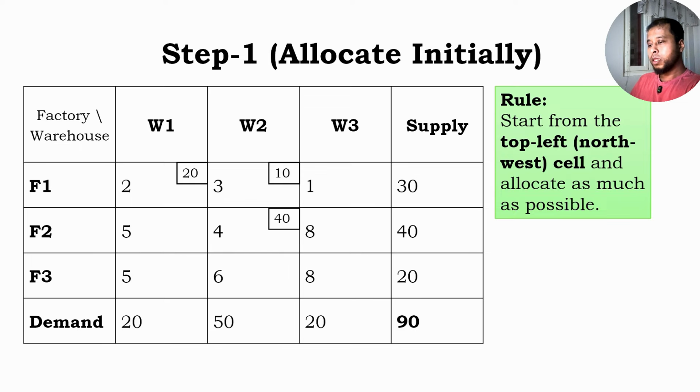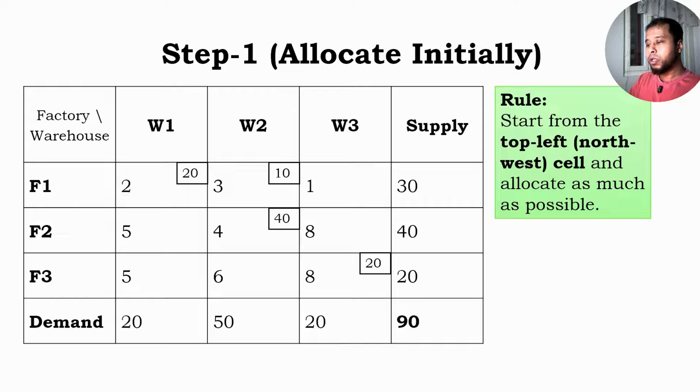And if we see that our F2 row supply was 40, we cannot allocate on this cell, but we can allocate on this cell. There the demand is 20 and the supply is also 20, so we will allocate it there.